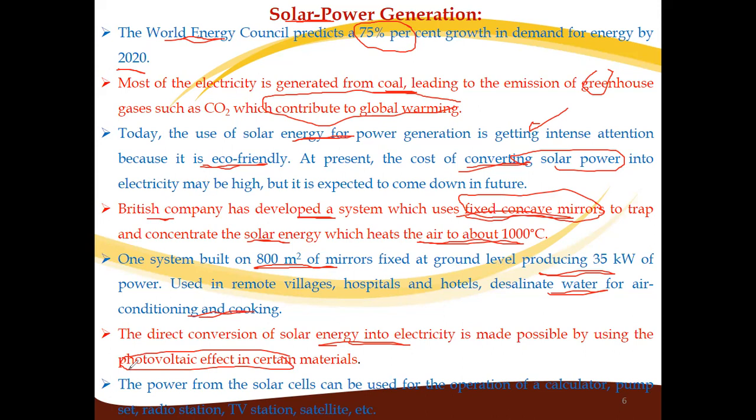The basic unit of a photovoltaic cell is a solar cell, and the first practical solar cell was introduced in 1954 by Bell Telephone Laboratories in the United States of America.